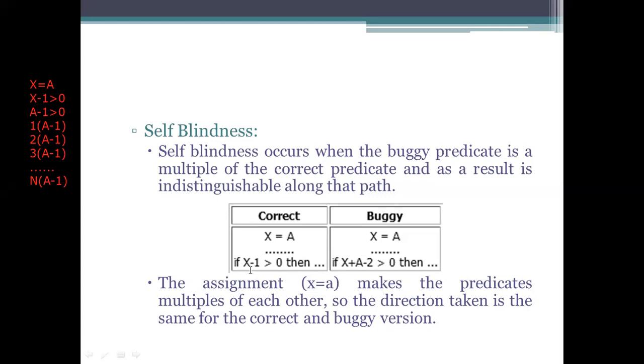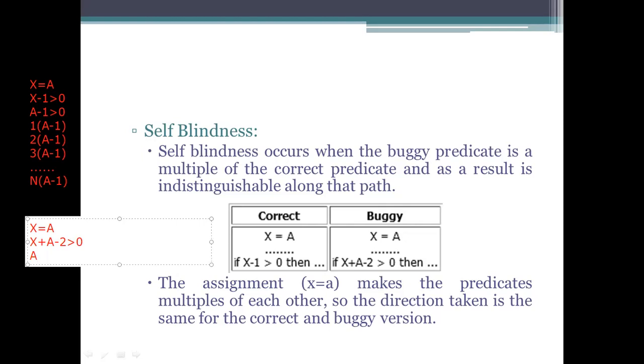If you see x minus 1 greater than 0, then it will be considered as x plus a minus 2 greater than 0. If you substitute, take the buggy one, x equals a. What is the statement there? x plus a minus 2 greater than 0. So just interpret that one.